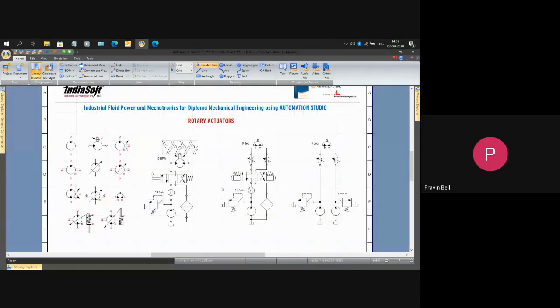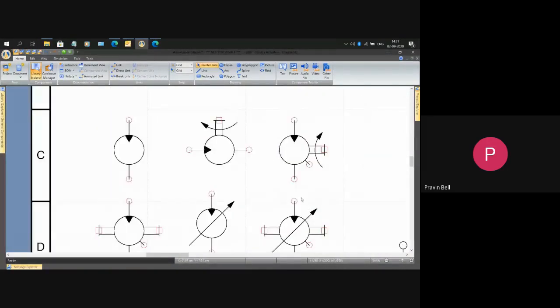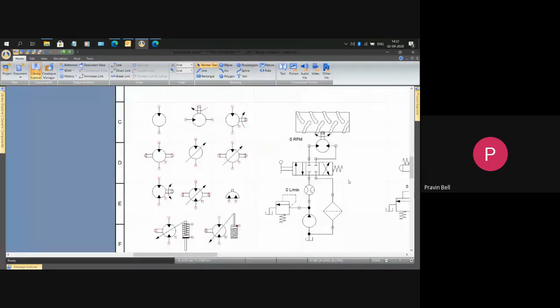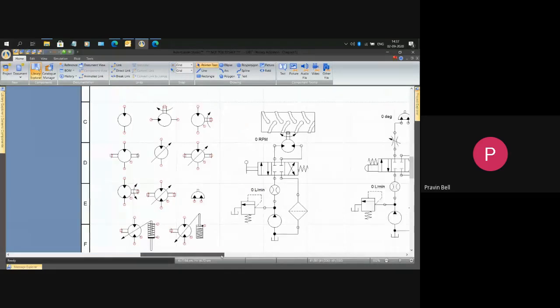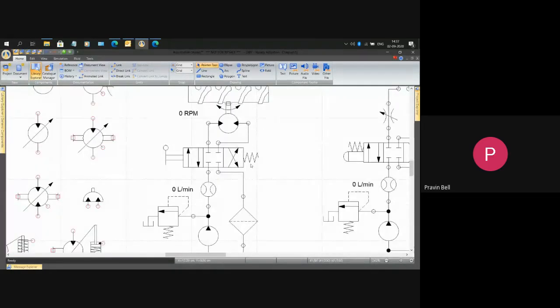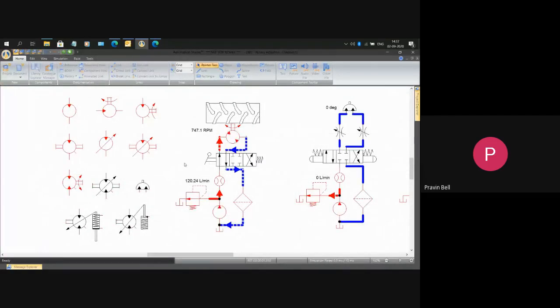again in Automation Studio, we have different types of hydraulic and pneumatic motors here. These are unidirectional, bidirectional, shaft driven, with drain. So these are different types of rotary actuators. So here you can see we are driving a hydraulic motor attached to a flywheel, and by operating this valve, I can see the bidirectional motor going in both directions.